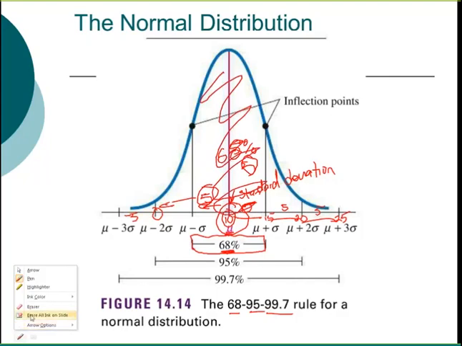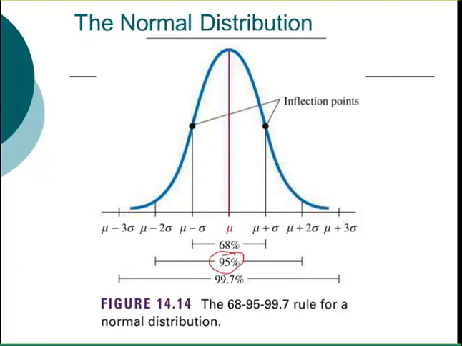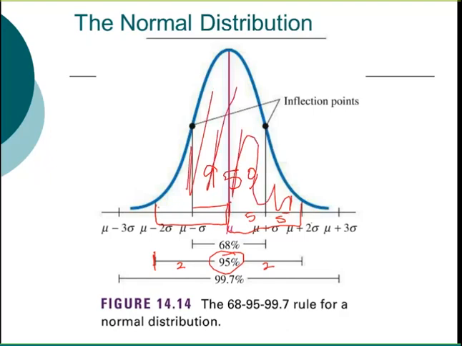Now the next one says 95% of your data lies within 2 standard deviations. So this is 2 down, and this is 2 up. So basically, if this was 5 and this was 5, within 2 standard deviations from there and here, up and down, this will consume 95% of my data from here to here.